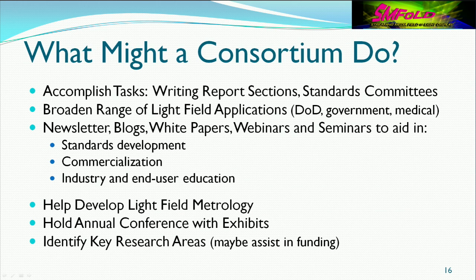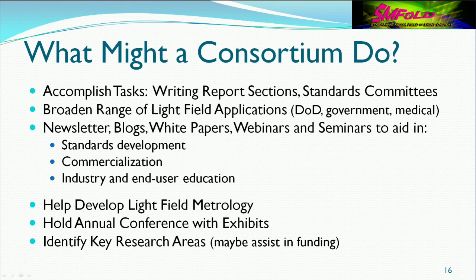What might such a consortium do? Again, this consortium would potentially be formed under a Phase 2 SBIR and potentially provide these kinds of services. It might help write reports and education documents and work with the standards committees.